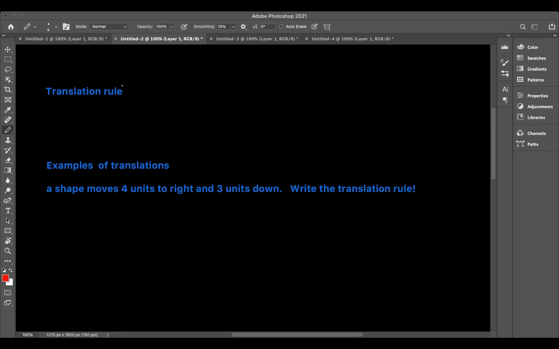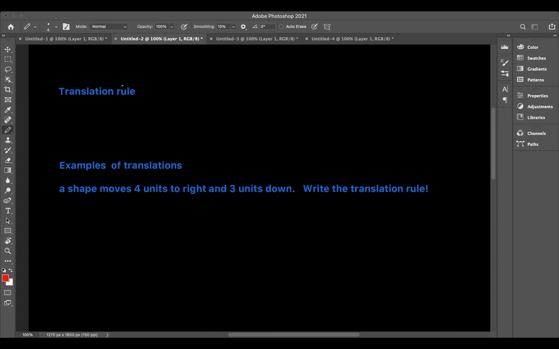Okay, so let's take out the translation rule first. We said that before. It's P x y maps to P prime, x plus or minus a, y plus or minus b. And that's the translation rule. So here's an example of a translation. The shape moves 4 units to the right, 3 units down.